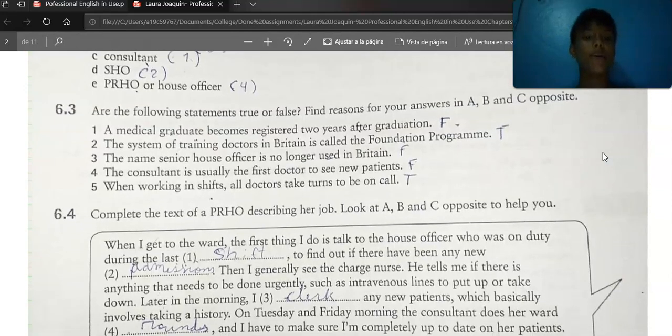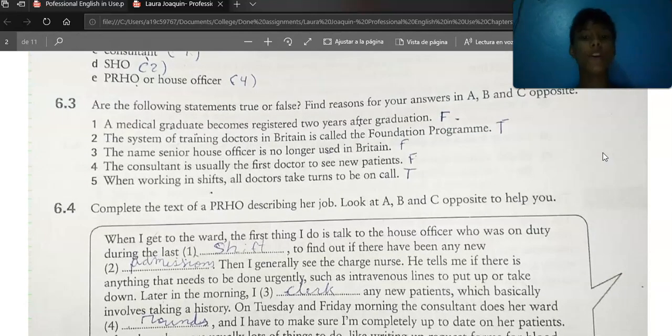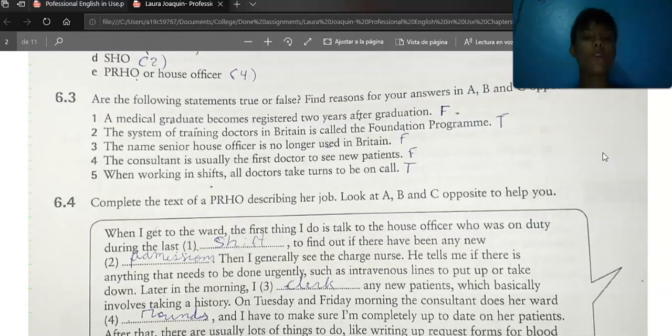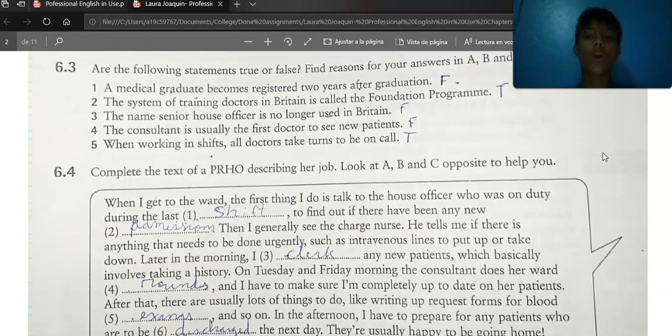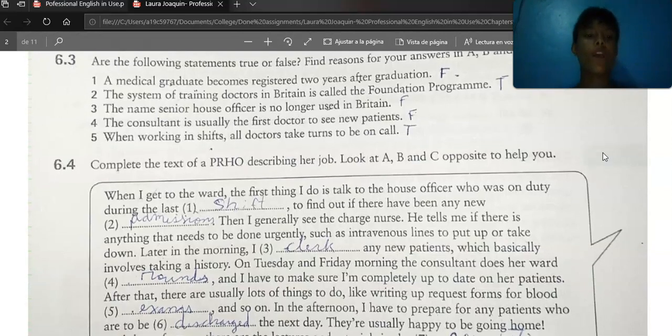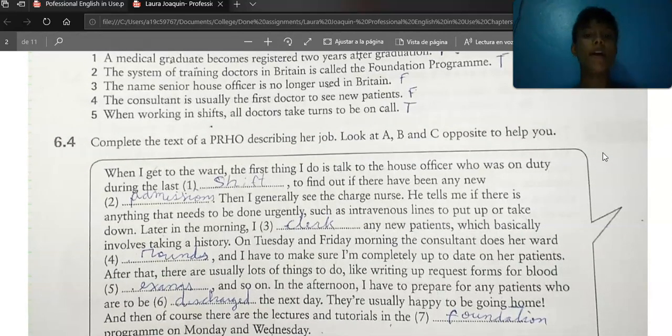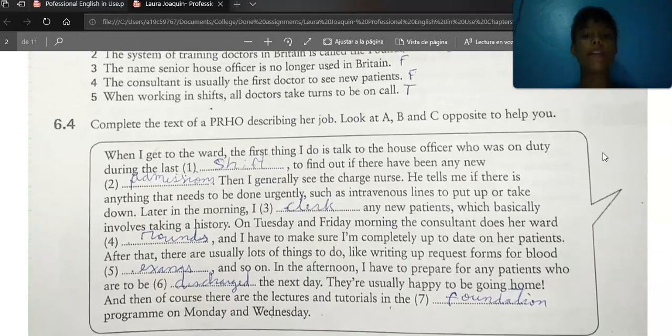The name senior house officer is no longer used in Britain. False. The consultant is usually the first doctor to see new patients. False. Juniors are for these consultants. When working in shifts, all doctors take turns to be on call. True.